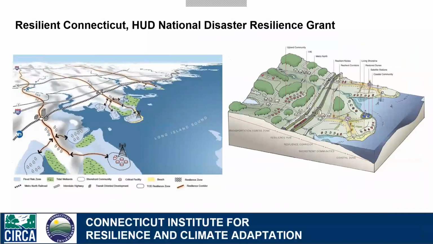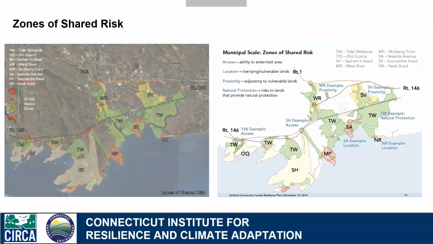And the resilience corridor idea is really an outcome of the value at the local scale of thinking about egress and evacuation routes, and the state's interest in targeted investment strategies so that resiliency funding that went in also produced economic development value. And you can start to see how, in this case, the visualization is a tool to push people forward in understanding and to get everyone on the same page.